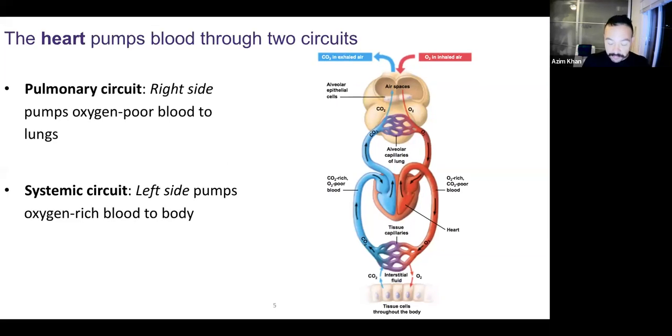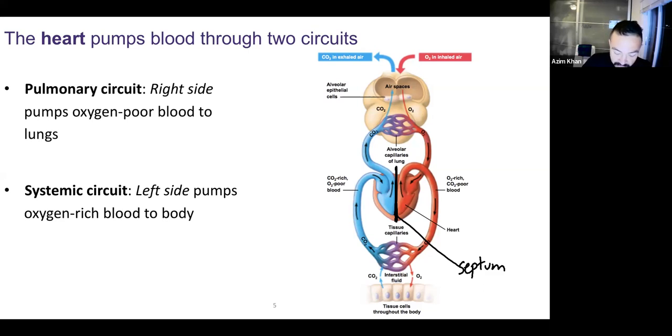I said that there was a septum. Let me redraw that septum in black. There is the septum. Now, because the heart is divided into two halves, we are able to separate poorly oxygenated blood from richly oxygenated blood.